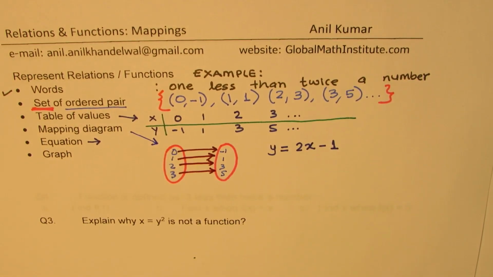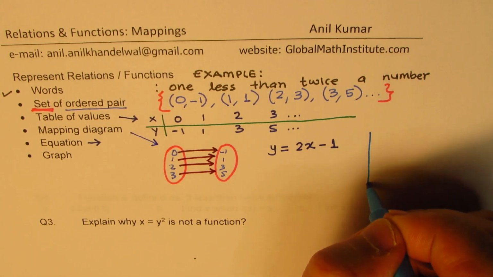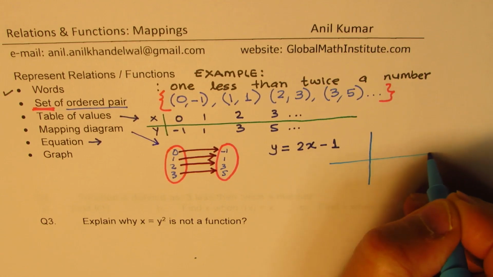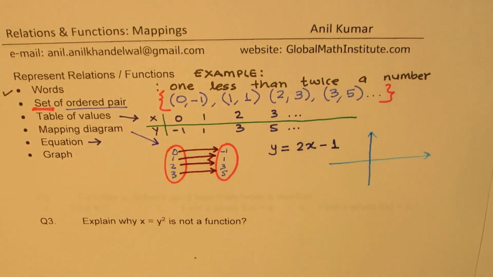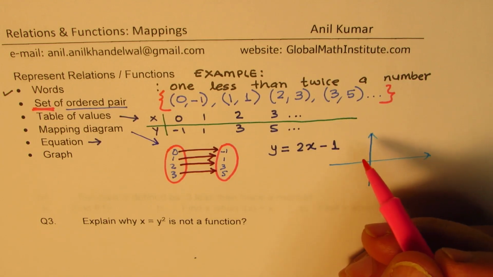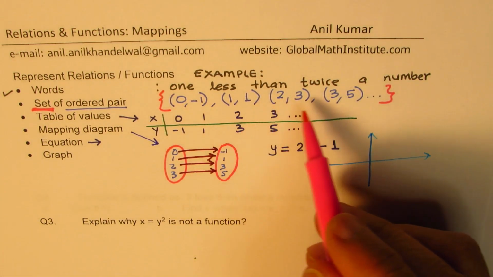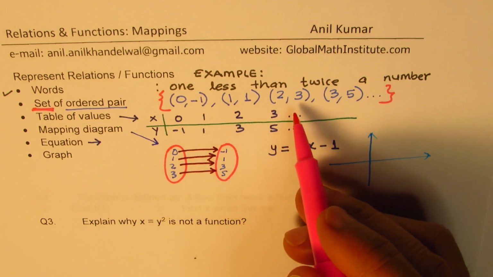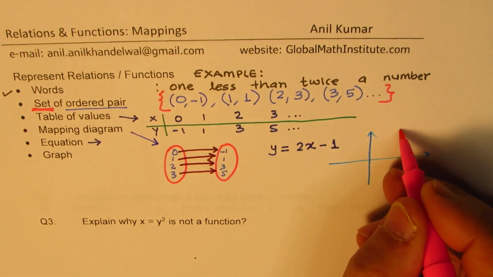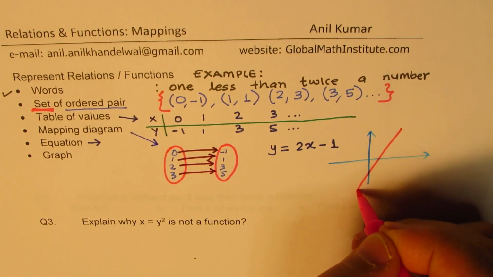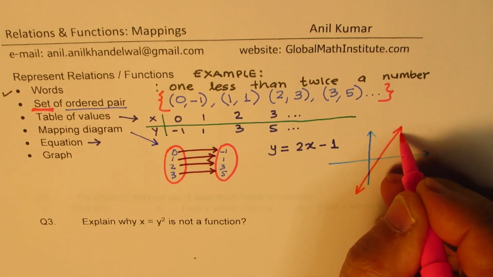And if I have to plot it on a graph, it is a straight line, as you know. This straight line can be represented with these points connecting them, a solid straight line, kind of like this, right?